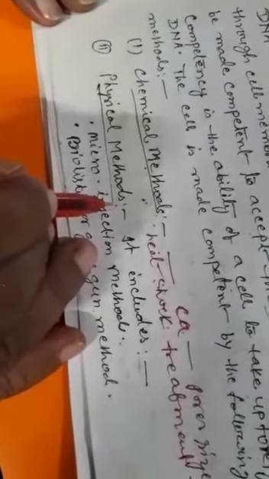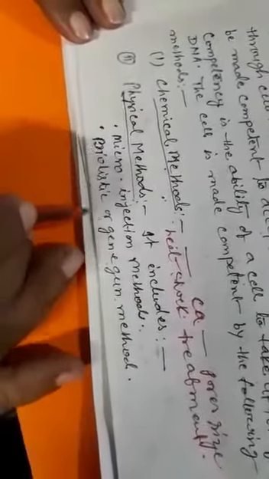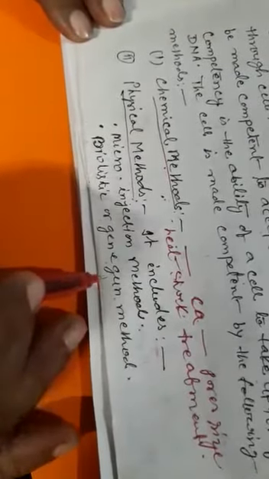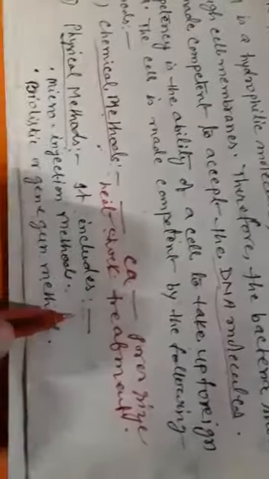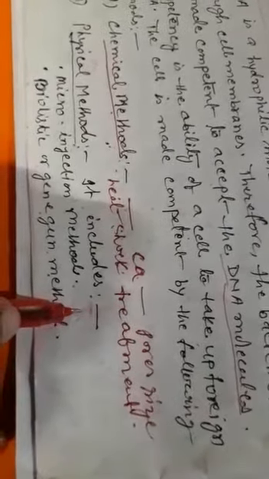The second method is known as physical method. Physical methods include microinjection method and biolistic or gene gun methods. In microinjection, recombinant DNA is directly injected into the nucleus of an animal cell using micropipettes.